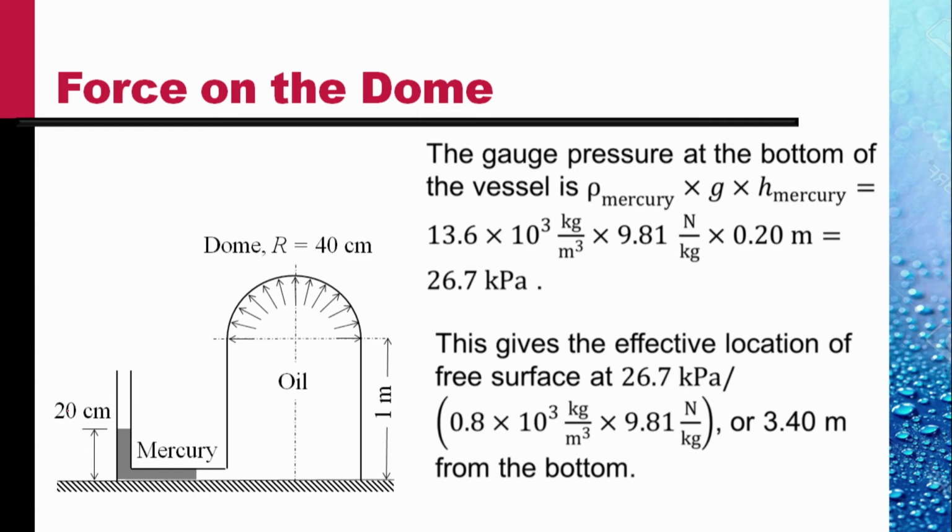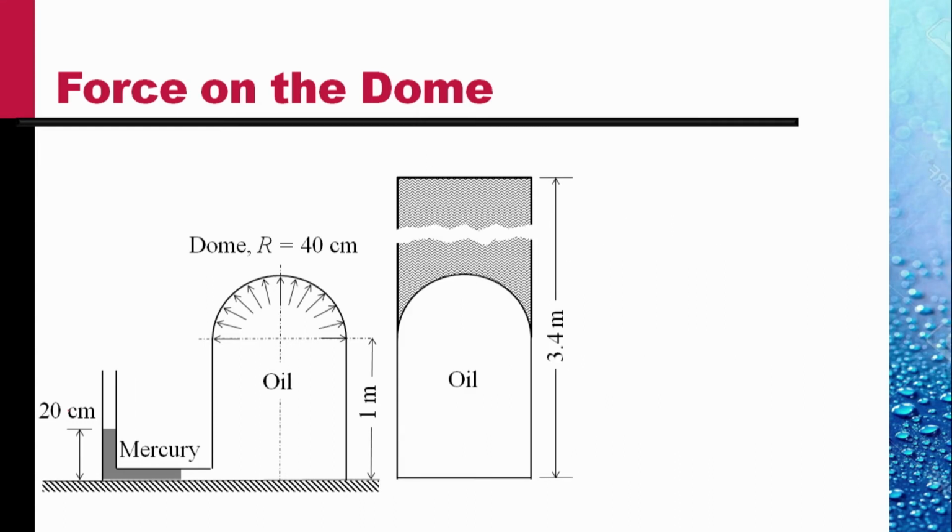So the pressure variation in this vessel is equal to the pressure variation in an open tank in which the oil is standing up to a height of 3.40 meters. That is, the pressure variations within the tank are as if the free surface of the oil is up to 3.4 meters from the bottom.